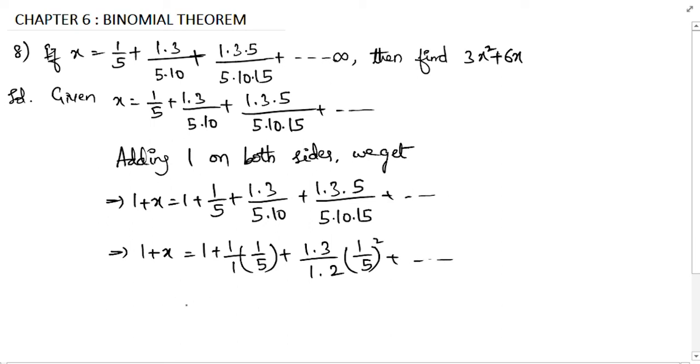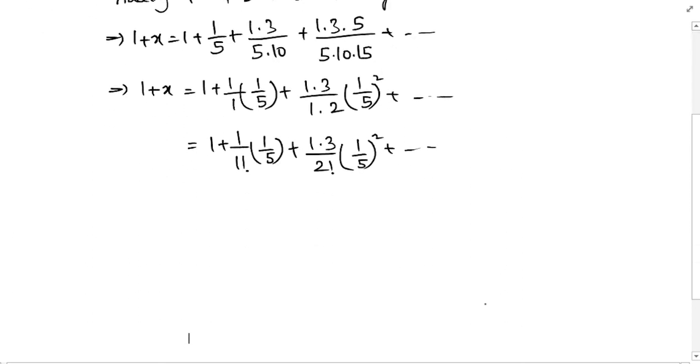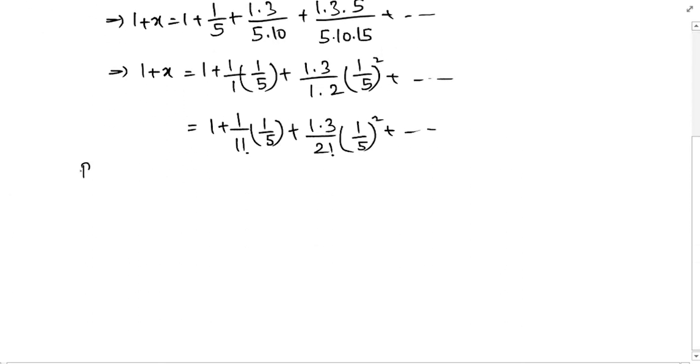So that is equal to 1 plus 1 by 1 factorial into 1 by 5 plus 1 into 3 divided by 2 factorial into (1 by 5) whole square plus so on. Now what we are going to do is RHS.